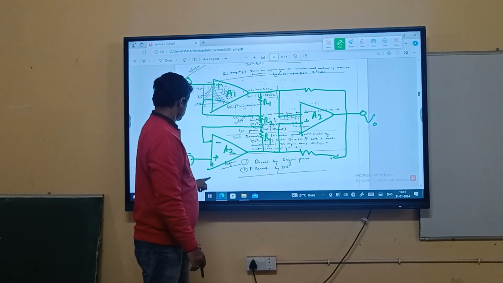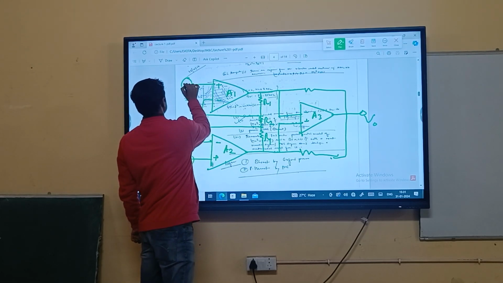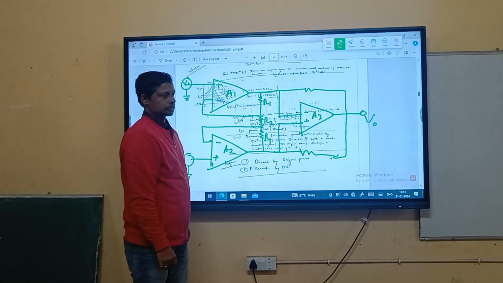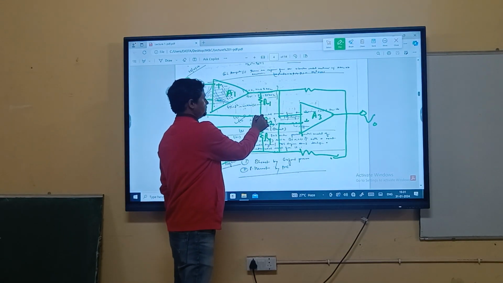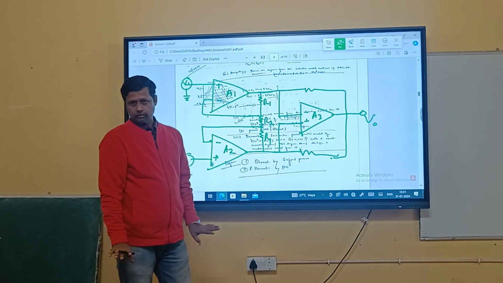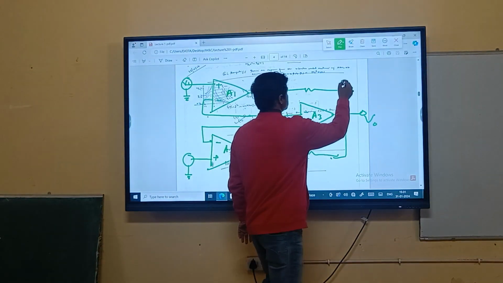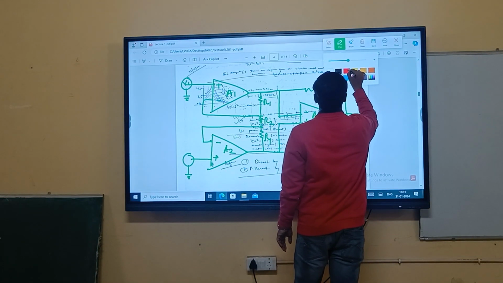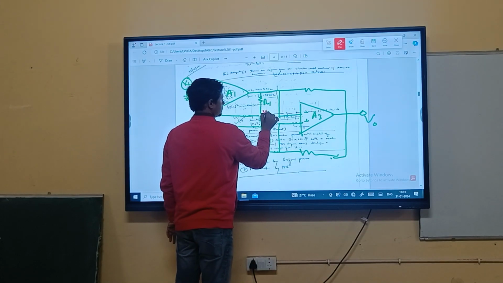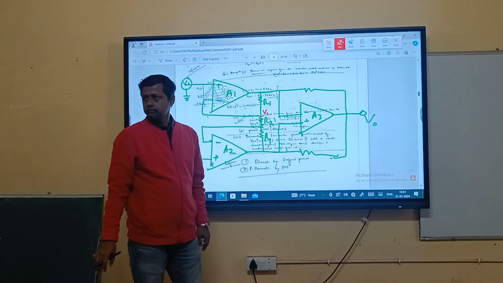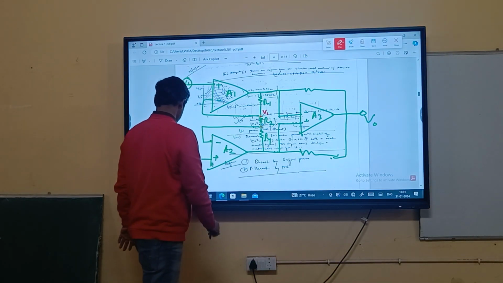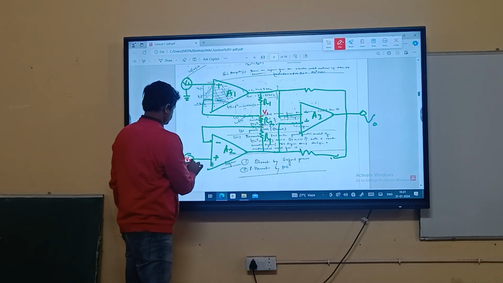Now you think about it. Say for example, here the input voltage is V1. So isn't it the same here? V1. What is the voltage here? V1, possible, no? What about here? Say it is V2.